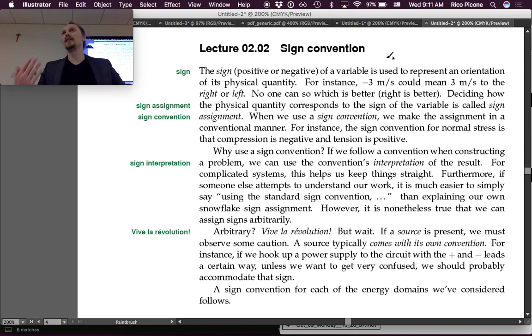So if you're given a circuit that has the plus and the minus leads connected from a source already, technically you can assign it whatever sign you want, but you're going to have to come up with some confusing interpretations where positive voltage in is actually negative voltage in your circuit, which is not a very convenient way to go. So typically we accommodate the sign of the source. Whatever the source comes as, we accommodate that and integrate it into our circuit.